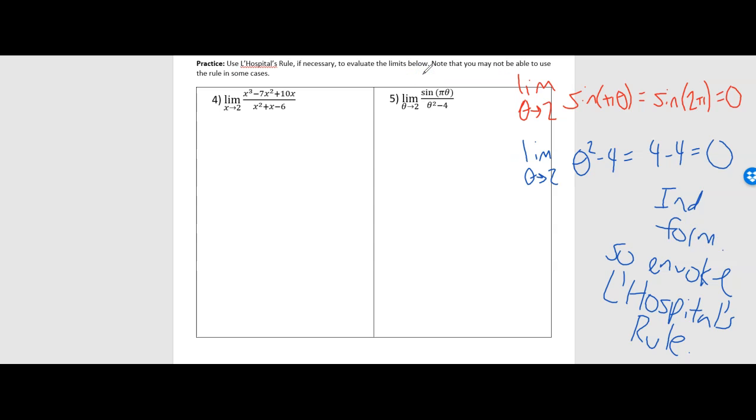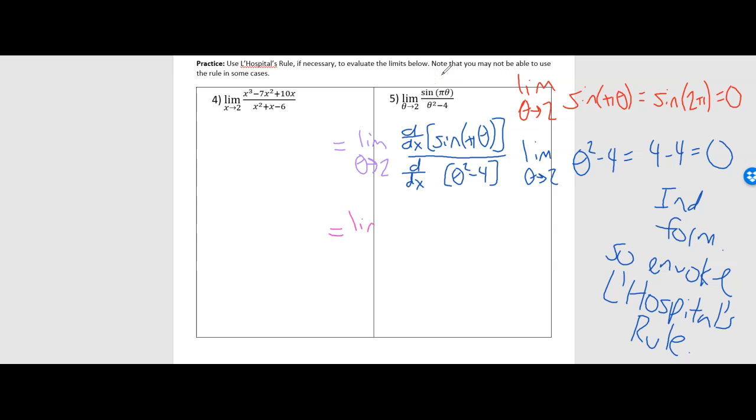So what that means is that this limit right here is equal to the limit as theta approaches 2 of the derivative of sine of pi times theta divided by the derivative of theta squared minus 4.